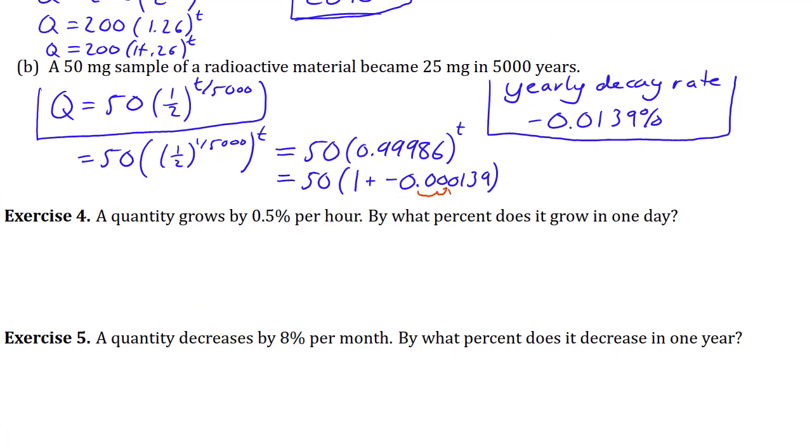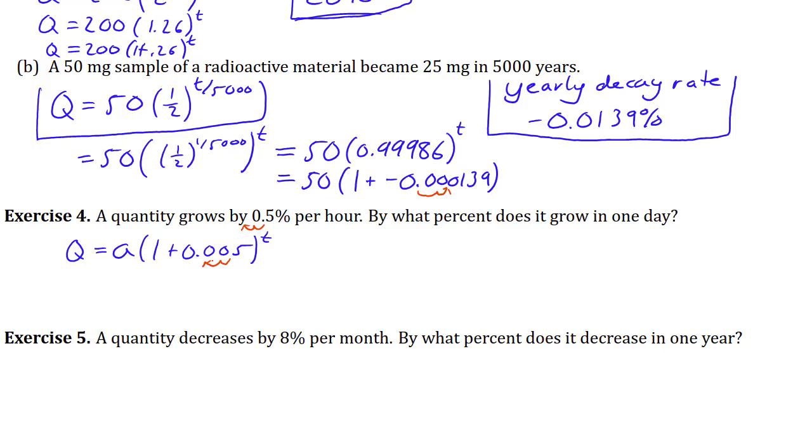And if it's growing by 0.5% per hour, this is going to be Q equals A, the starting amount, whatever that is, times 1 plus 0.005 to the power t. So I move this decimal place over 2 times to get that 0.005.